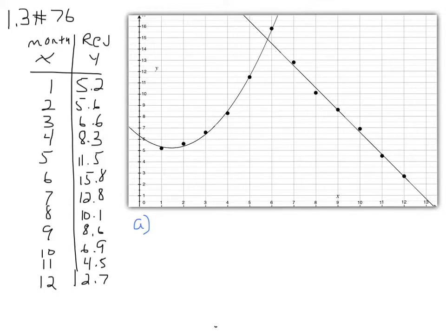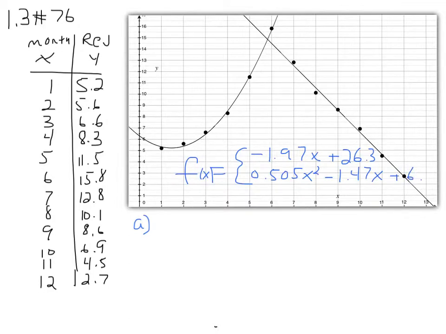The functions we're going to be using are this piecewise defined function: negative 1.97x plus 26.3, and the quadratic 0.505x squared minus 1.47x plus 6.3. I've plotted this as well as shown the pieces here.